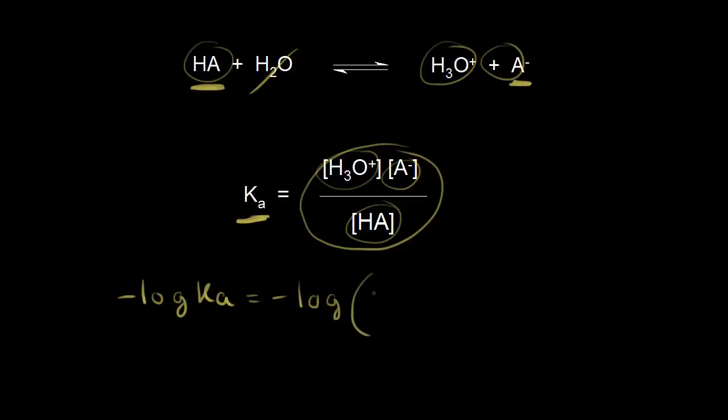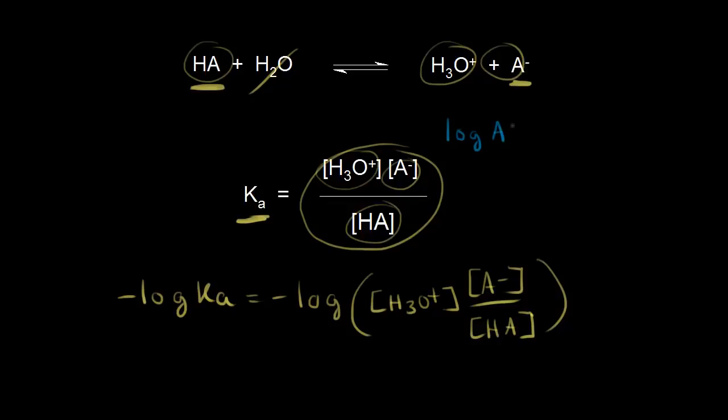And I'm going to write it a little bit differently. I'm going to put the concentration of hydronium ions out front here, and then have concentration of A- over concentration of HA. I wrote it like this because it makes it a little bit easier to see a property of a logarithm. Let me just go ahead and write down the property that I'm referring to. If you have log of A times B, that's the same thing as log of A plus log of B. And here we have the negative log.